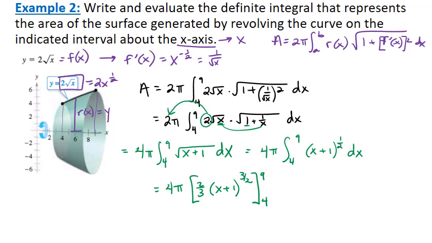Plugging this in, you will get approximately, make sure you can do this, by the way, approximately 171.258 for the surface area of this cone that would be around your animal's head. That concludes section 7.4.